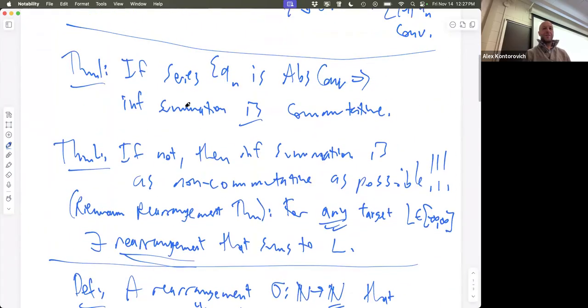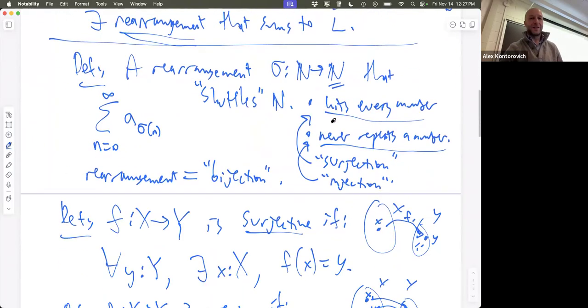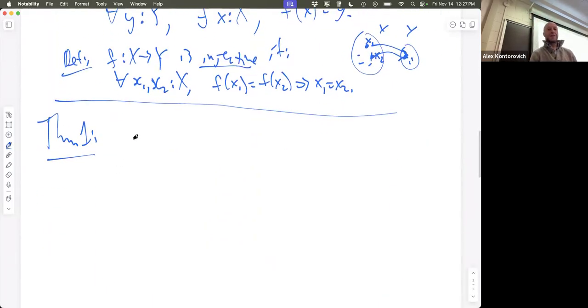Again, it says if a series converges absolutely, then infinite summation is commutative. Doesn't matter in what order you do things. So let's say it like this. Assume, okay, we're given the objects. The object, I guess, is a sequence A in the naturals.